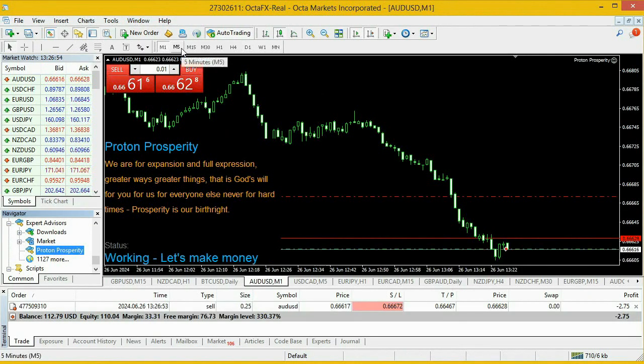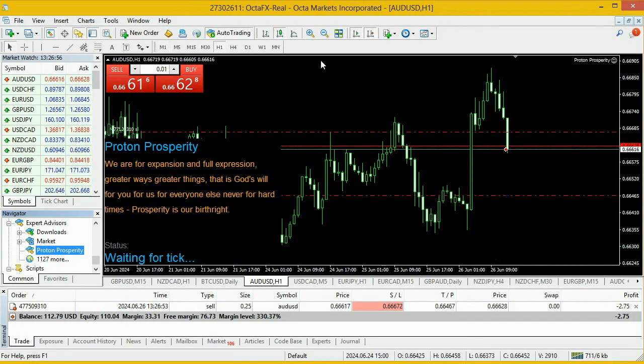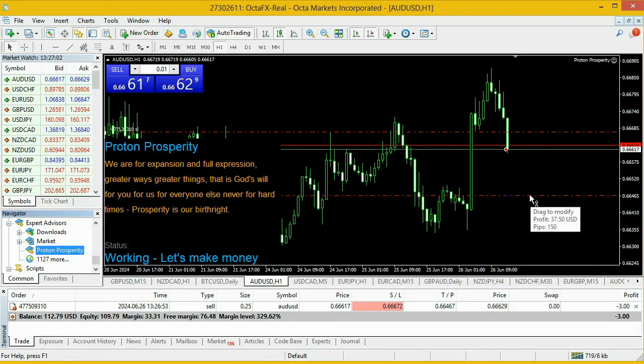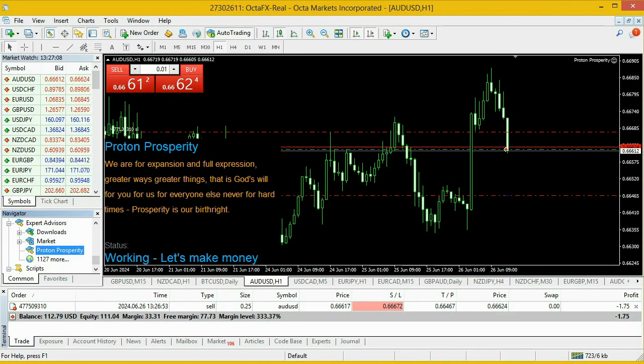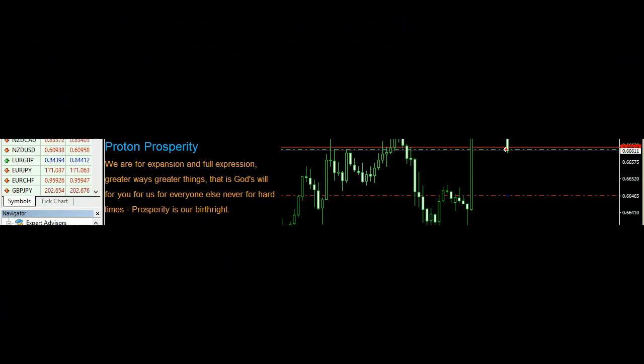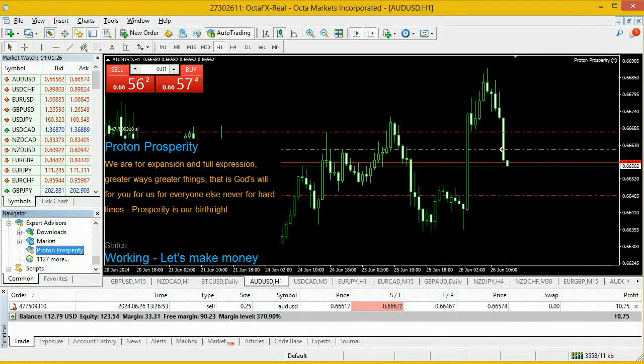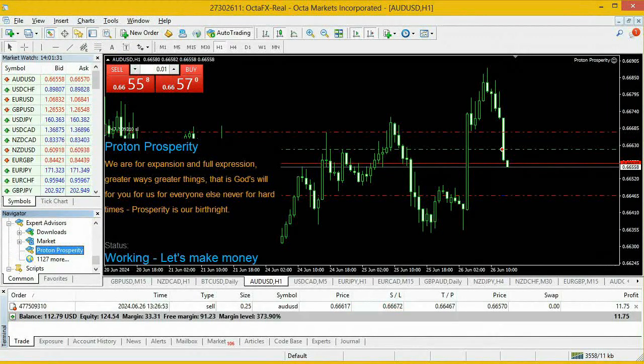Sell position executed. Our stop loss and take profit. This is where we are, 35 minutes into the trade.